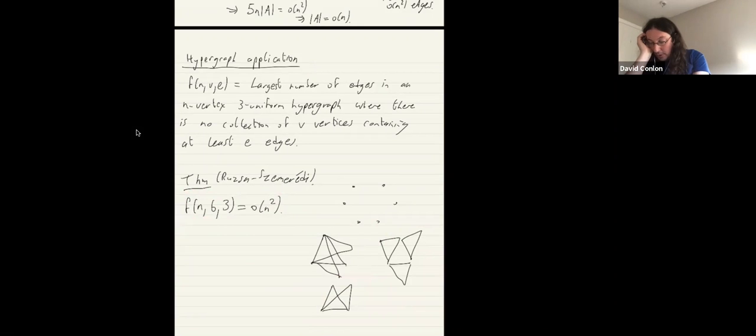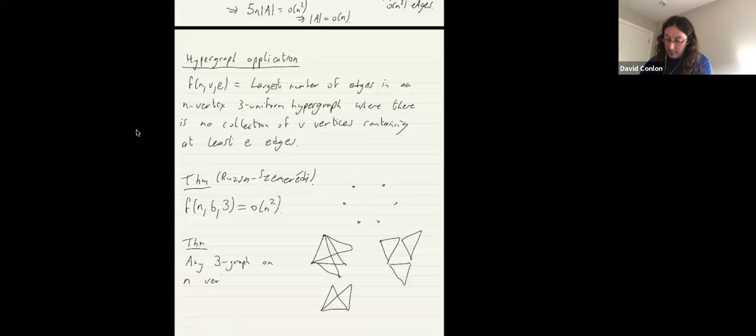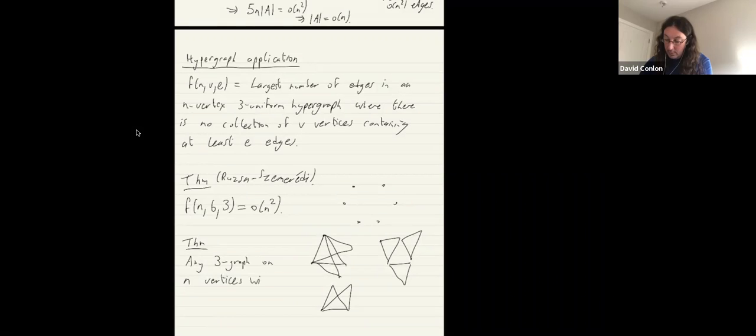There's actually a different way of stating this, which is somewhat attractive and useful later on. This is basically an equivalent statement. But the statement is that instead of 3-uniform hypergraph, let me just say 3-graph. Any 3-graph on n vertices with girth greater than 3 has little o of n squared edges.